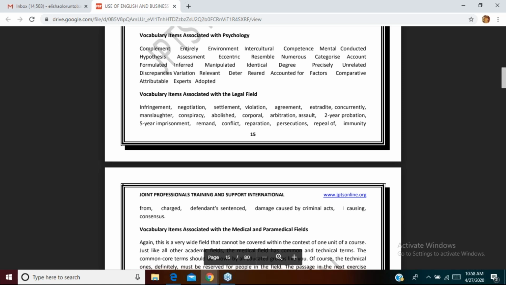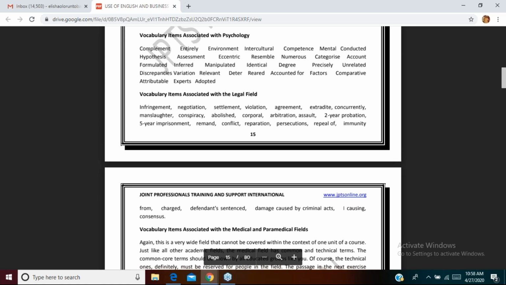We have agreement. You see a lawyer telling you before you go into anything, you have to have an agreement. Before you start a job, you have to. You have what is called extradite, concurrently, manslaughter, conspiracy, abolish, corpora, and so on.